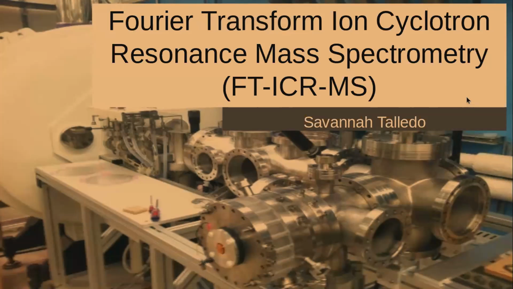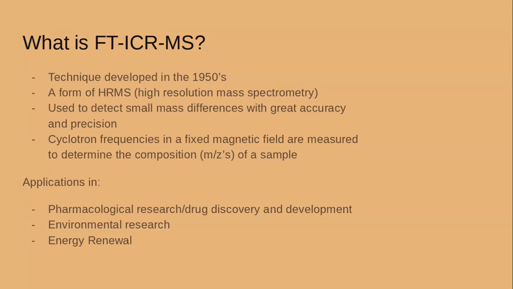So as Dr. Davis said, I picked Fourier transform ion cyclotron resonance mass spectrometry, which is quite a mouthful. So FTICRMS, sometimes abbreviated FTMS or FTICR. This picture is the instrument, and I believe this is from a group at Yale that performs FTICR. But just some general information.